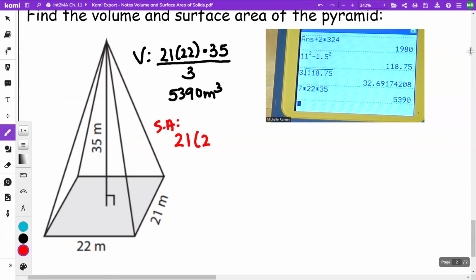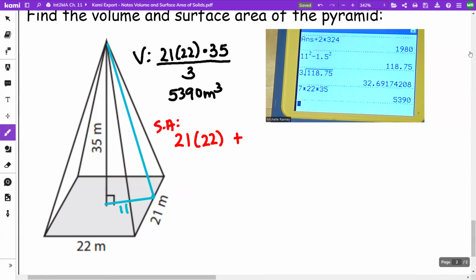I'm going to have 21 times 22 plus, now for this, I'm actually going to need to find a couple of values. I need to find my slant height here for this side, going from here to here. So it's going to go 11 from the center, and I'm going to try to find that using Pythagorean theorem.